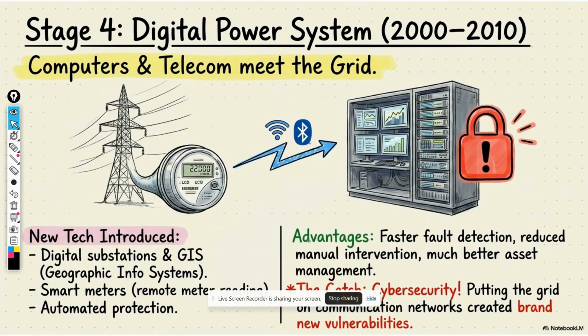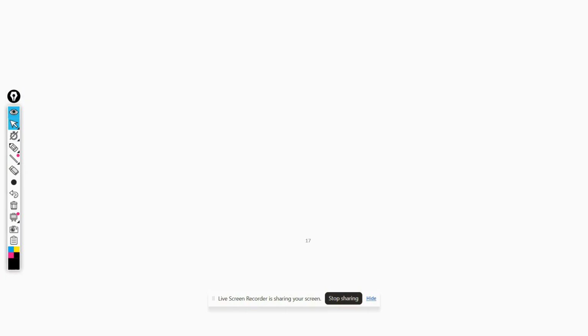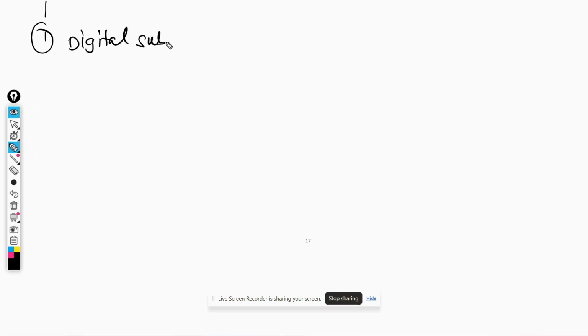So, now let us see what new technologies were introduced during this stage. So, first is the digital substation.